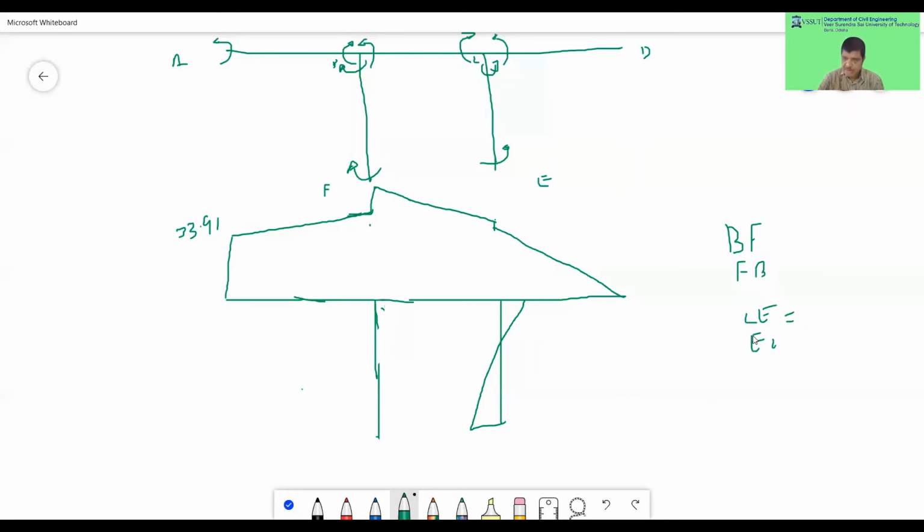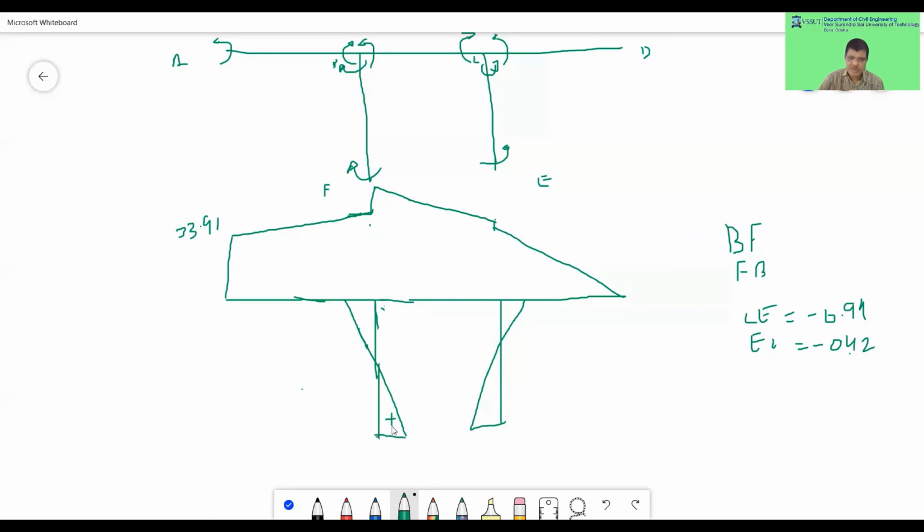So EC is minus 0.42. So this is minus 0.42, and CE is minus 0.94. So CE is minus 0.94 means actually anti-clockwise. So anti-clockwise is negative here, and here anti-clockwise is positive. So it will come like this way.